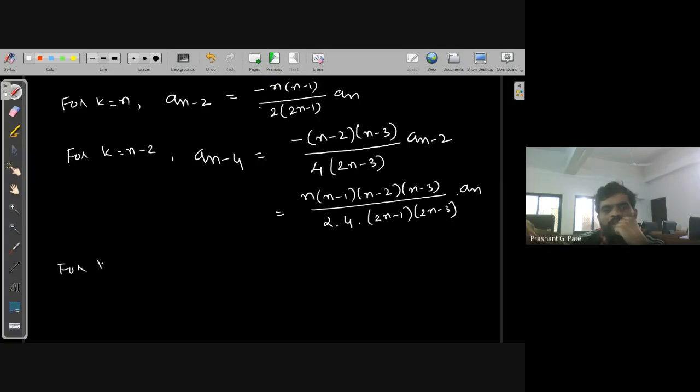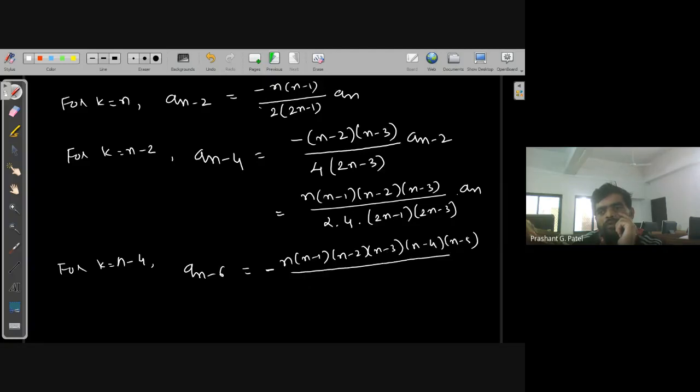In a similar manner, for k equal to n minus 4, we will have an minus 6, which is minus of n into n minus 1, n minus 2, n minus 3, n minus 4 and n minus 5 upon 2 into 4 into 6 into 2n minus 1, 2n minus 3, 2n minus 5 into an, and so on.